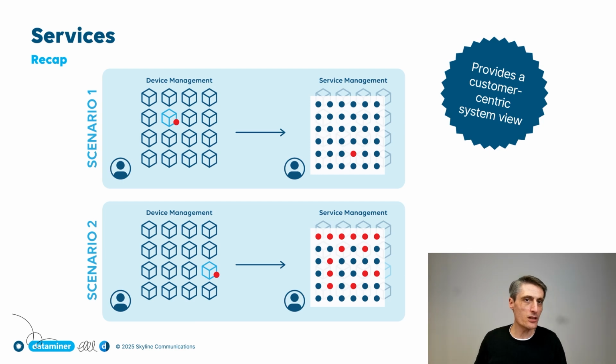So I immediately have that service perspective that is being added with services. Remember, one alarm on an element could impact only one service, but another similar alarm, you could say, could immediately impact a whole bunch of other, maybe more important, services, or more in quantity. Therefore, with that service perspective, you can see the actual impact on what you're delivering with your system. Instead of just seeing the element alarms, you can really see the service alarms and the impact on your services.